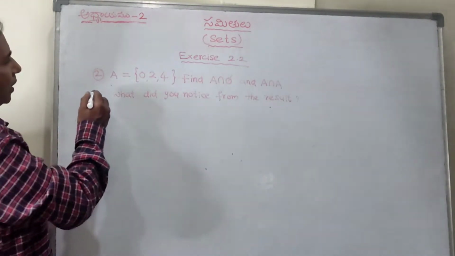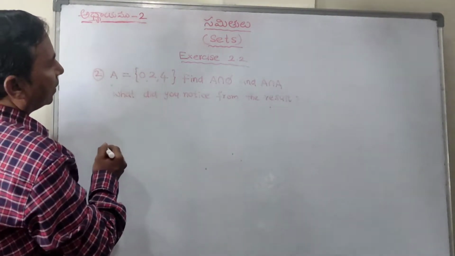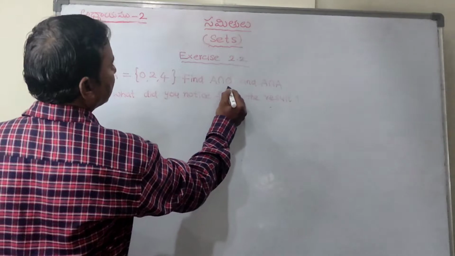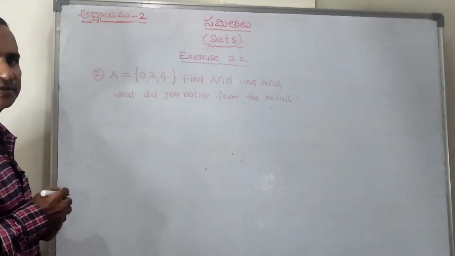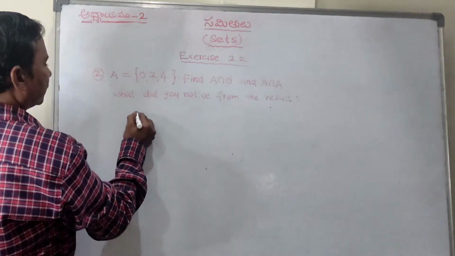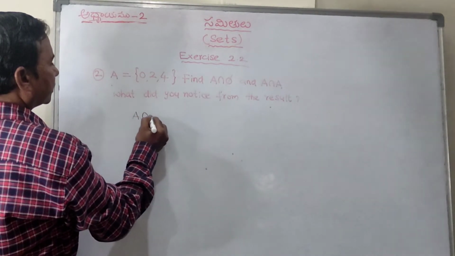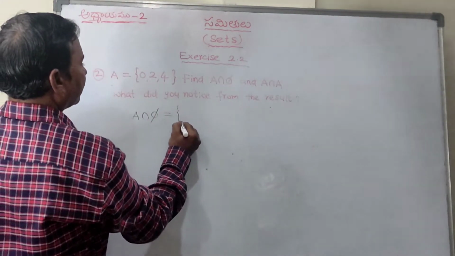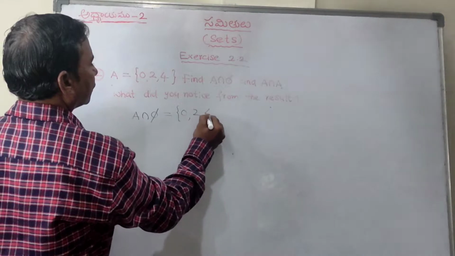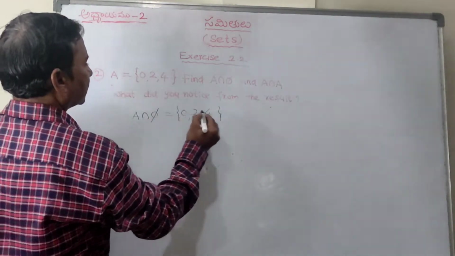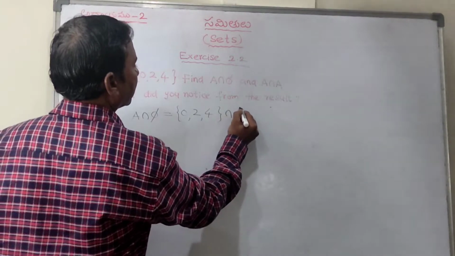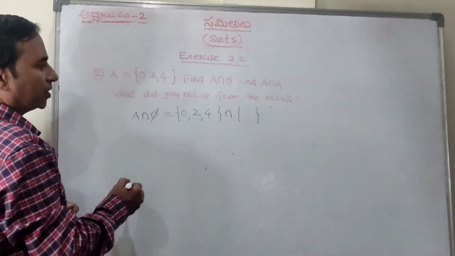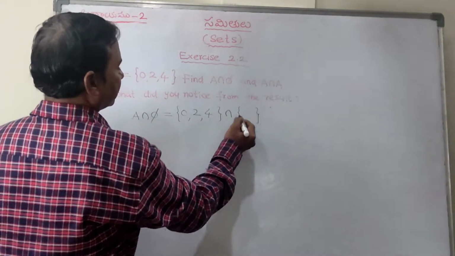Now the second problem, A equals {0, 2, 4}, find A intersection phi and A intersection A. Here phi means the empty set or null set. So let us take the first one, A intersection phi. The set A is given as {0, 2, 4}, intersection phi, the empty set, means nothing we have to write.